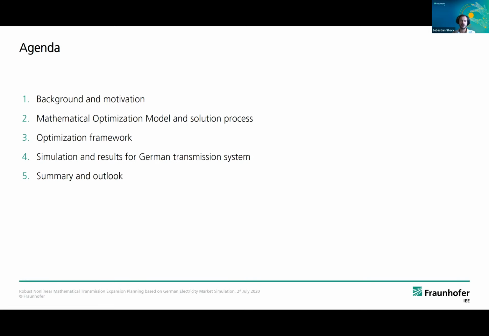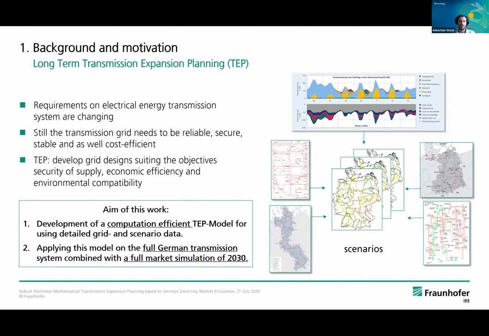So let's start with the background and the motivation. In general, we have high requirements on electrical energy transmission, and these requirements are changing. But still the transmission grid needs to be reliable, secure, stable, and as well cost efficient.